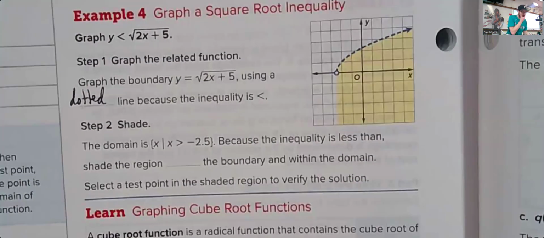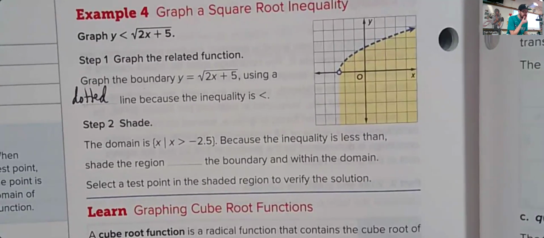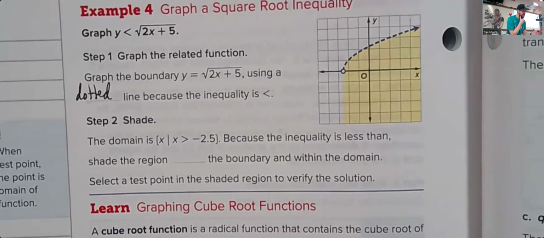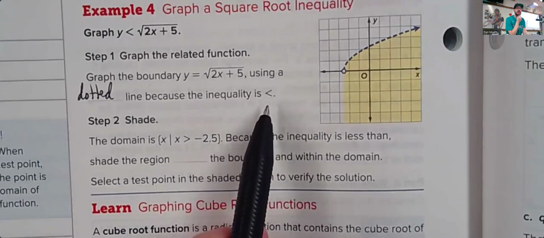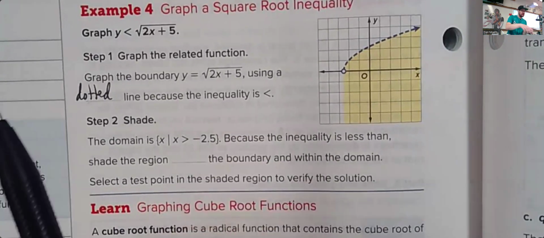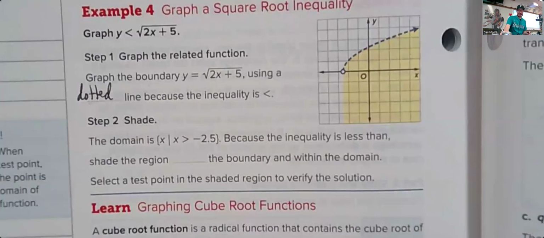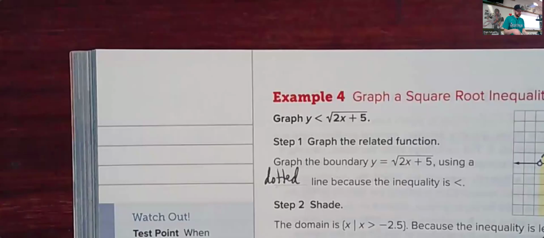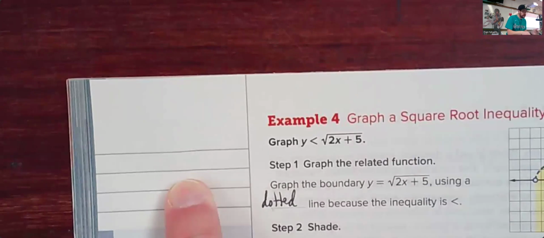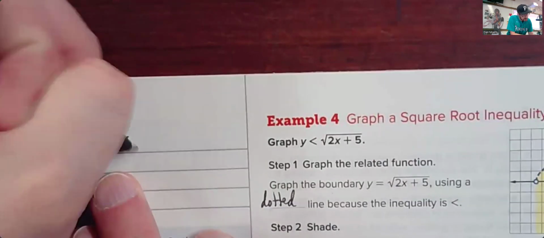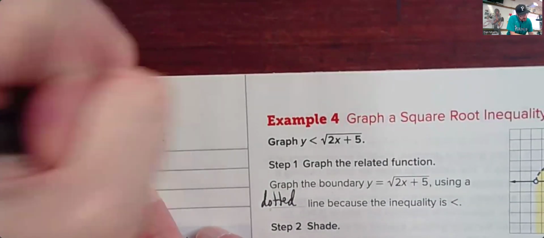Now, does anybody remember the difference between a dotted line and a solid line in terms of the symbol being used? Yeah. Let's go ahead and put a little note in case you've forgotten that. Let's do that on the top left here. If you have greater than or less than, you will use a dotted line.